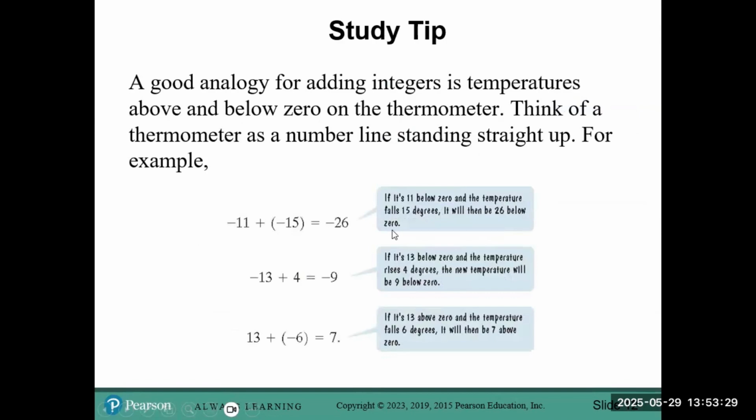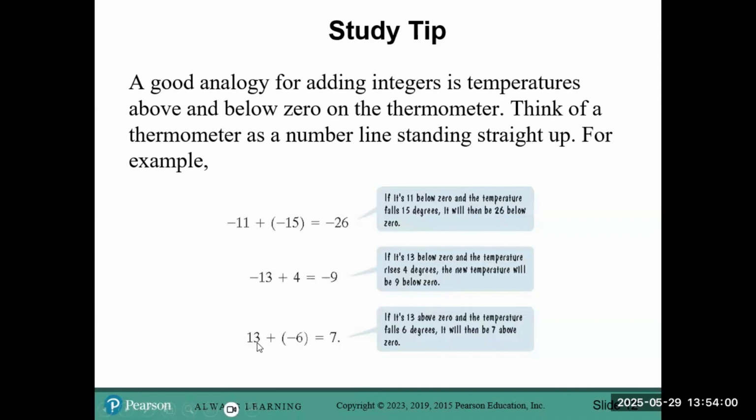Some people might also think about temperatures. So that's another way to think about things. So negative 11 plus negative 15, I could think about if the temperature is negative 11 and then it goes down 15 degrees, now it's down to negative 26. On the other hand, if the temperature is at negative 13 and it goes up 4 degrees, it's going to move up to negative 9.